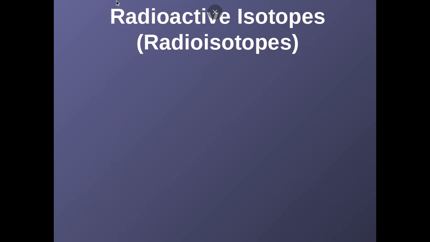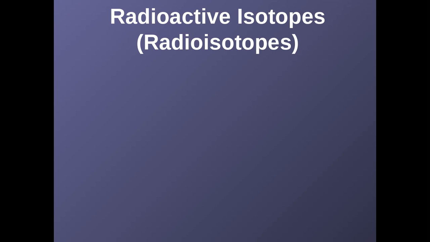So now we're going to talk about radioactive isotopes, or sometimes you can combine the words radioactive and isotope into one word, radioisotope. Whenever I mention the word radioactive, I'm going to be telling you something about the stability of an atom's nucleus. If the atom's nucleus is radioactive, that means that it's unstable and it's going to be breaking apart somehow.